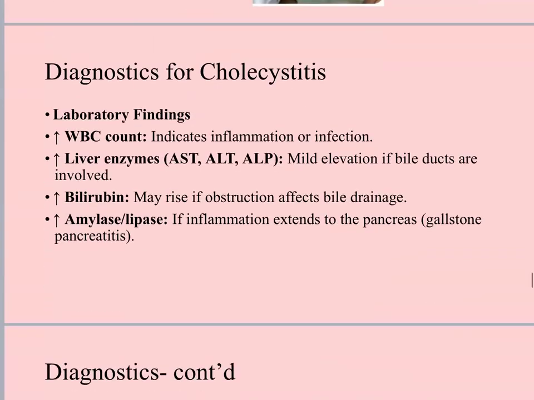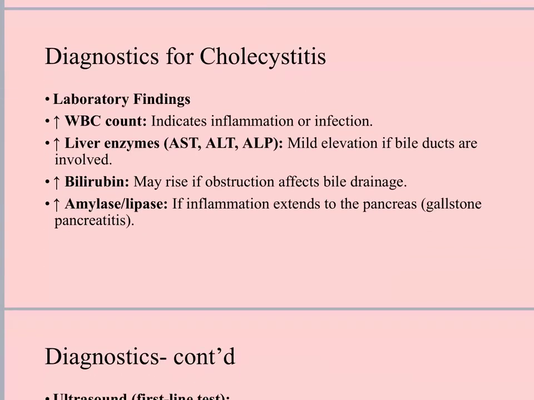The way we diagnose cholecystitis is kind of like everything else we've been talking about. White blood cells will be elevated. Liver enzymes can also be increased, because the liver also produces bile and it drains through the hepatic ducts, the common bile duct, and the cystic duct into the gallbladder.